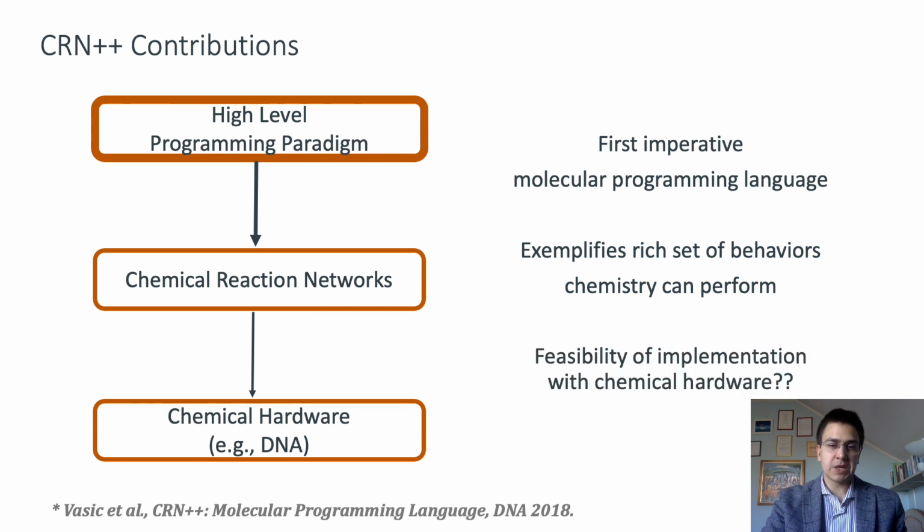But there is one open question, and that is the feasibility of implementation with chemical hardware such as DNA. Indeed, translating CRN++ programs to CRNs produces very complex CRNs that are not immediately feasible for implementation. And I'll next talk about how we tackle this issue.